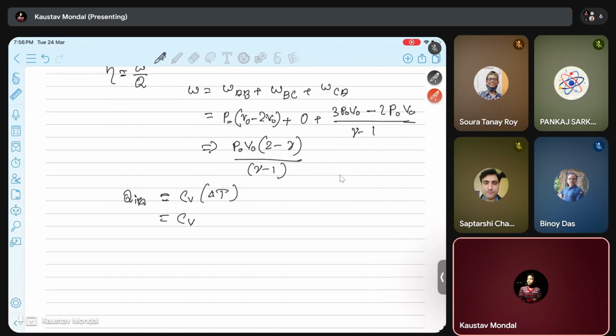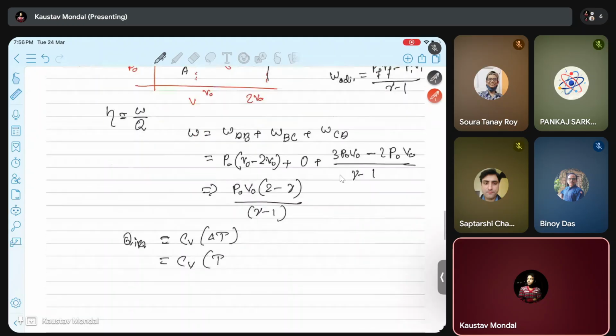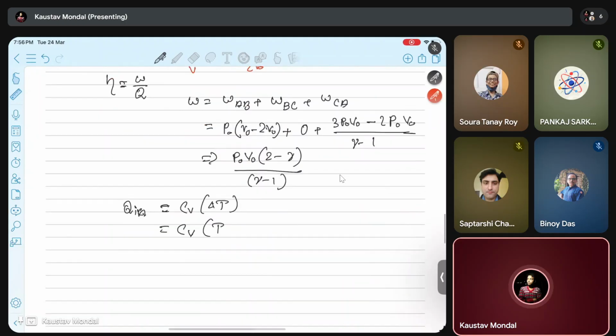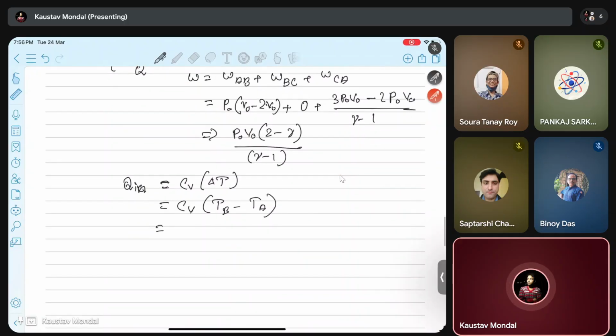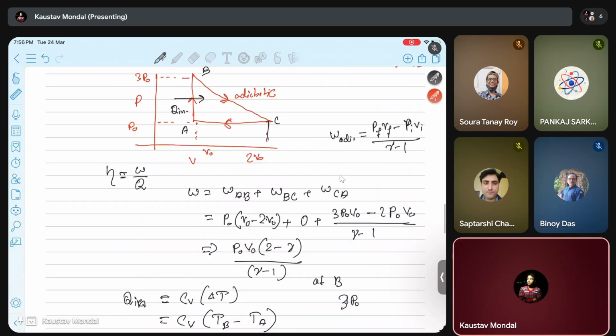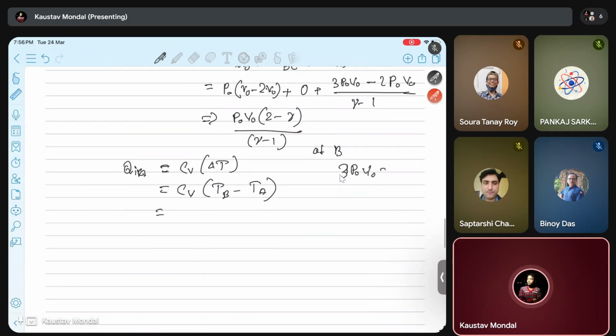CV into T at B minus T at A. Now since it's an ideal gas, we know from the ideal gas relation that at B, 3P0 V0 equal to nR TB. So TB you can write as 3P0 V0 by nR.